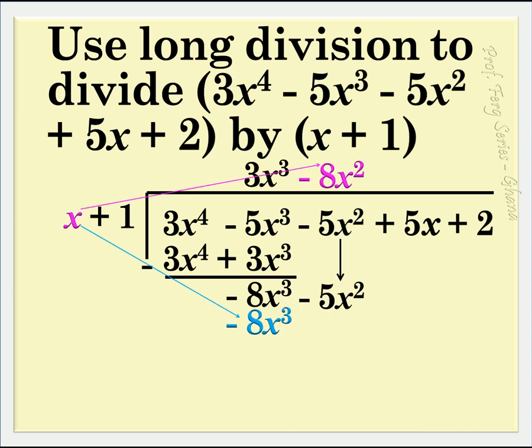Multiply minus 8x^2 by x, to get minus 8x^3. And multiply minus 8x^2 by plus 1, to get minus 8x^2, and subtract.